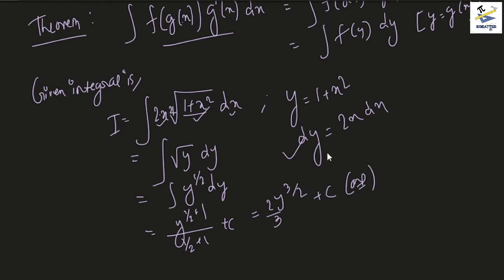So this is the integral and this is the answer, and we can just substitute back to get our answer in terms of x, obviously. So it is basically 2 into 1 plus x square to the power 3 by 2, whole by 3, plus c. This is our integral, right?